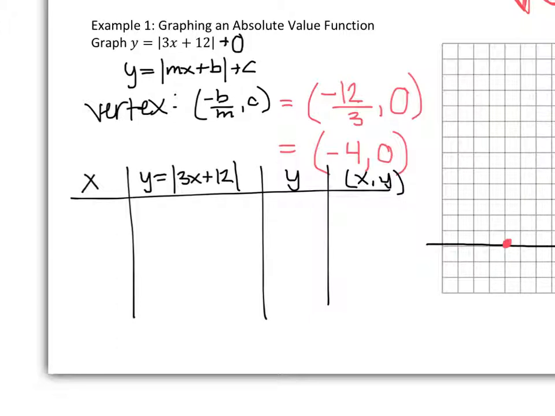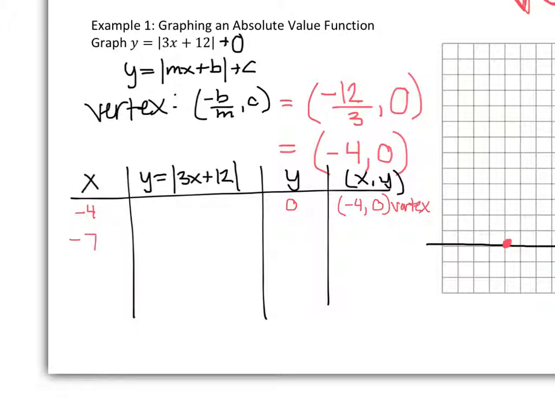Okay, so we already know that if we plugged in negative 4, it would give us 0. Okay, that was the vertex. We already know that one. Now let's pick another x that I suggest it be somewhere close to that vertex. Negative 7. Sounds good.